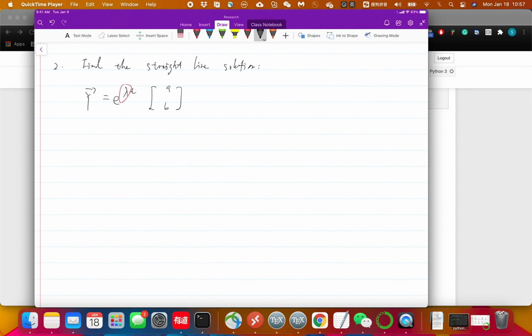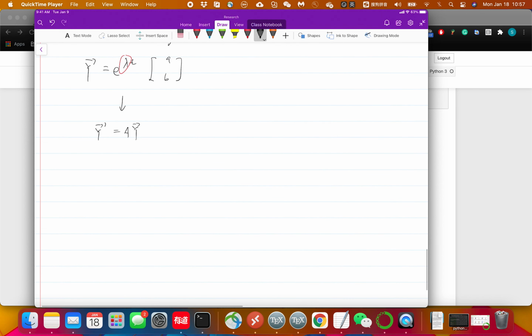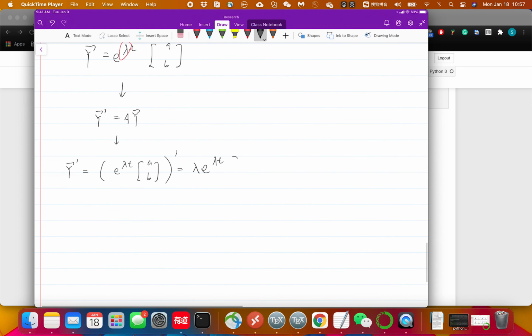Okay, so what do we have? We just plug this one into this. All right, what is y prime? If the solution looks like this, y prime is nothing but e to the lambda t, take the derivative, lambda, times a and b.